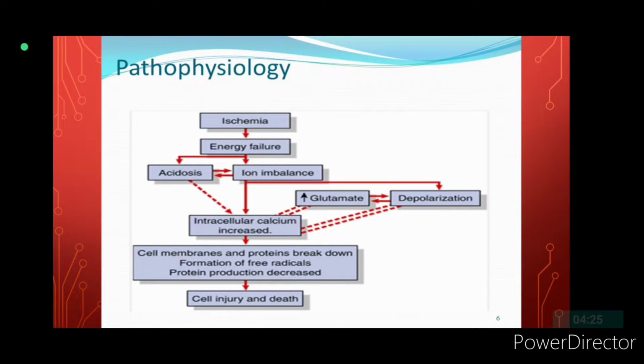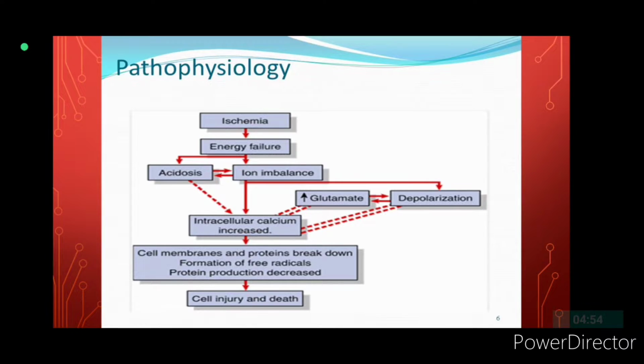Pathophysiology. Ischemia leads to energy failure, which leads to acidosis and ion imbalance. Acidosis and ion imbalance lead to increased intracellular calcium. Ion imbalance also leads to depolarization, which leads to high glutamate levels.